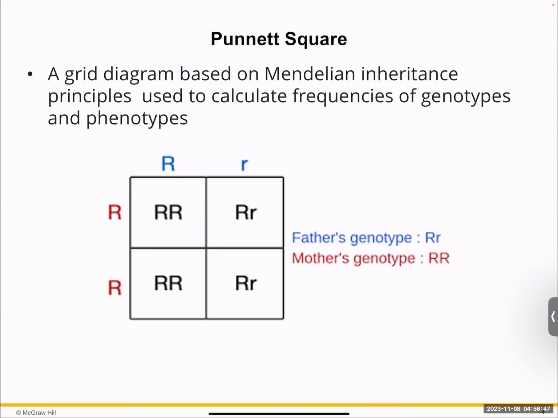Now, a Punnett square gives us an opportunity to understand, based on the genotype and the phenotype of the parents, what the genotype and the phenotype of each child are going to be. So it helps us calculate the frequency of the genotype and phenotype for the filial 1 and filial 2, and so on and so forth. So you can trace a specific characteristic being passed down if they are single trait genes.